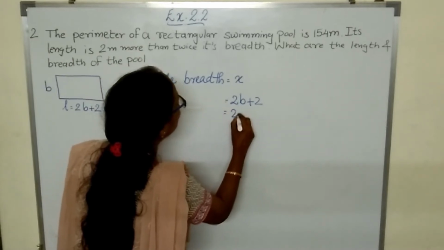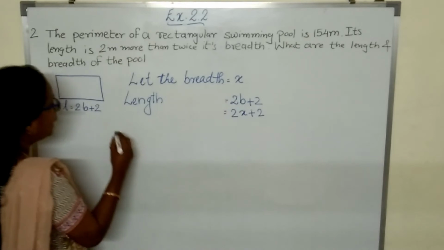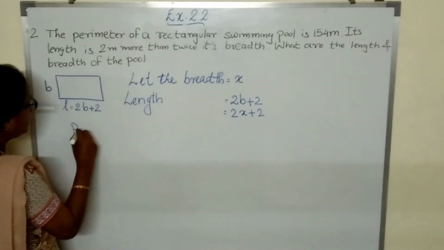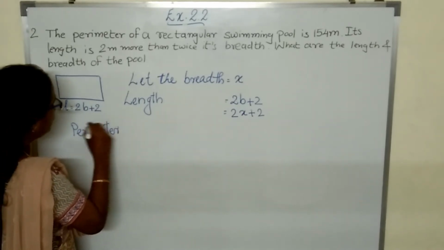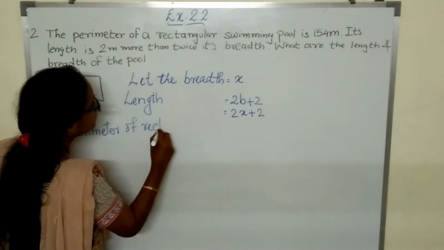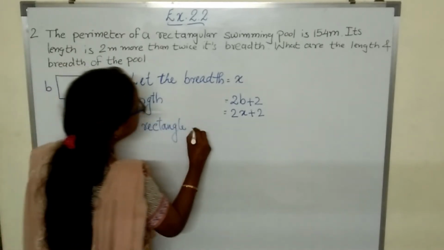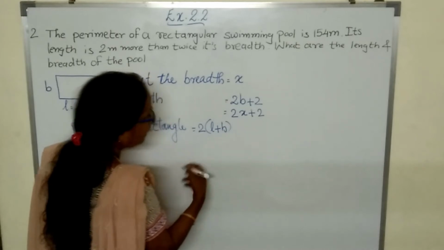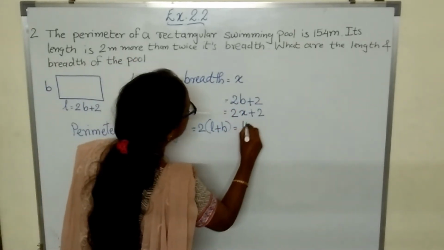So 2x plus 2. Now what is the perimeter of a rectangle? Perimeter of rectangle is equal to 2 into L plus B. It is given 154 meter.